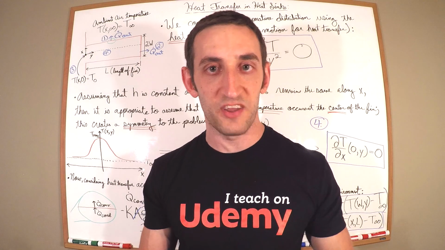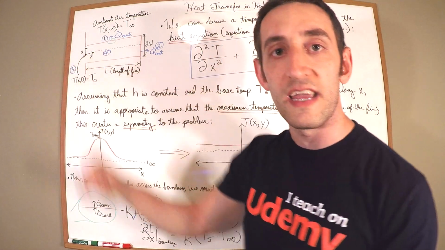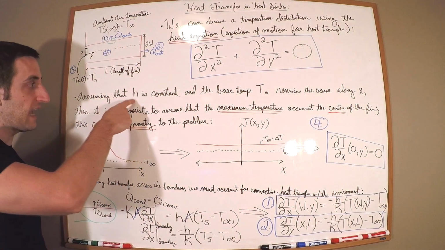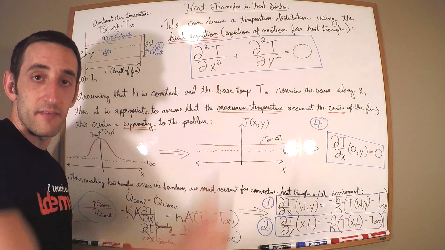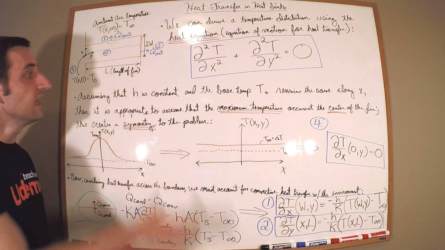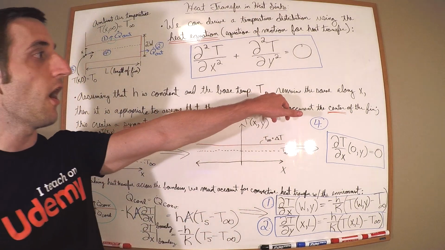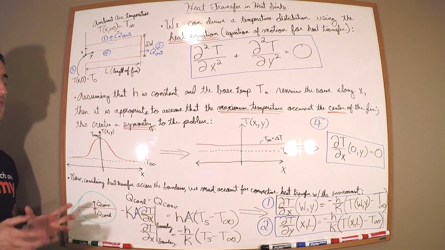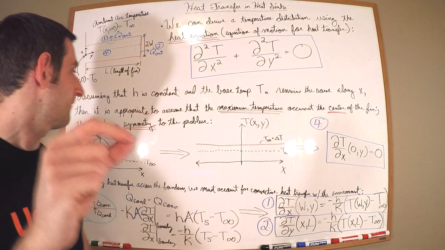And this has to do with symmetry and sort of elucidates the reason why I picked our axis to be right in the center here. Now, if we assume that the heat transfer coefficient, h, for convection, right, hA times the surface temperature minus the ambient temperature, that's the convection heat transfer equation, if that is constant, and our base temperature down here is a constant T0, and it remains the same along the x-axis, then it is appropriate to assume that the maximum temperature occurs at the center of the fin.